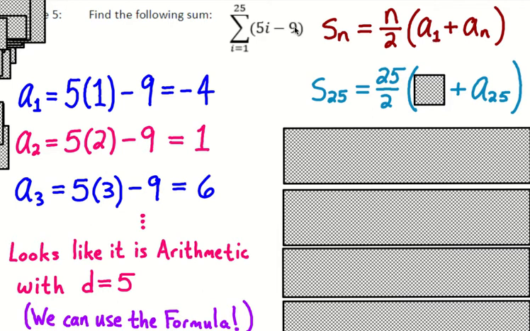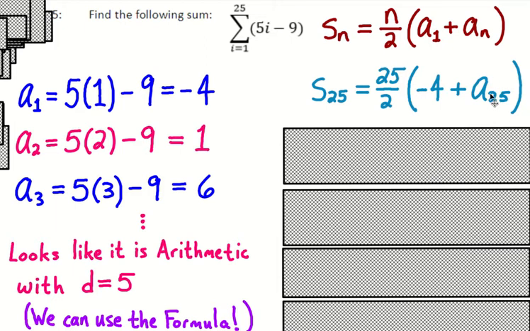They didn't tell me the first term for free, so, but I did plug in 1 over here to figure out what the first term is. So that's what you do in this situation. You can just plug in 1 to get the first term, which we already did right here, -4.